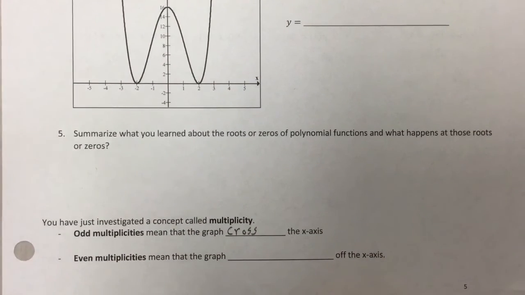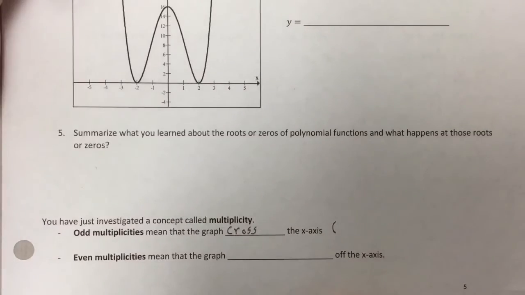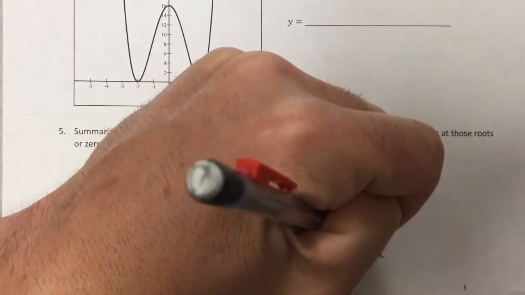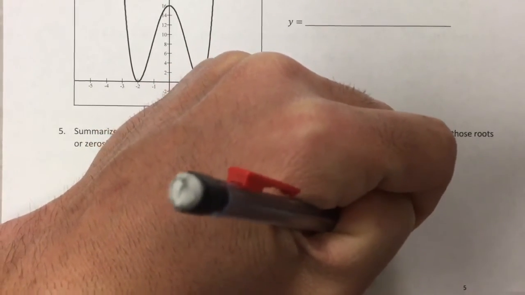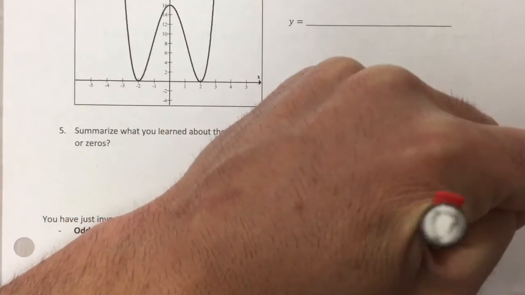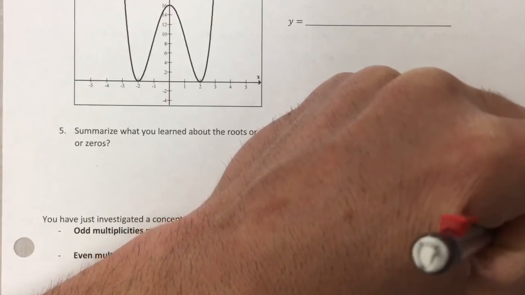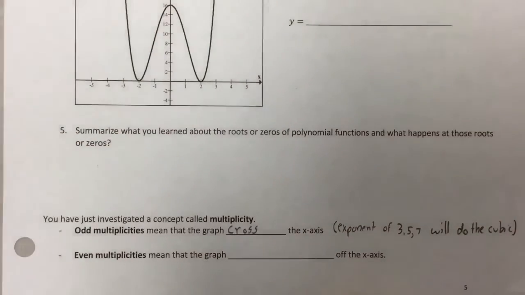Remember, though, if you have a cube, it's going to do the cubic shuffle. Anything higher than 1, like an exponent of 3, 5, or 7, will do the cubic, but still going to cross through.